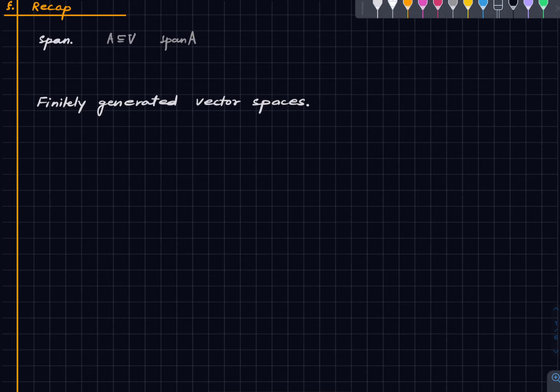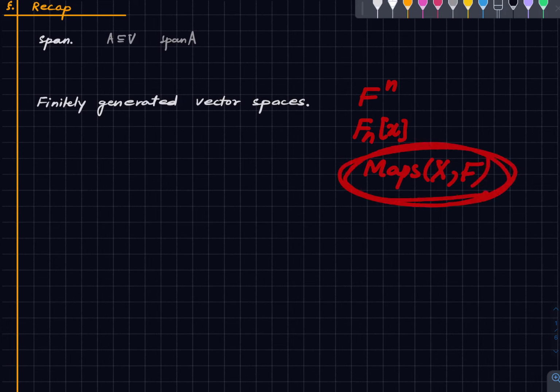And most examples of vector spaces that we saw are all finitely generated. For instance, this is finitely generated, this is finitely generated, and this is also finitely generated as long as X is finite, but perhaps we haven't proved it. This will be an exercise at some point.